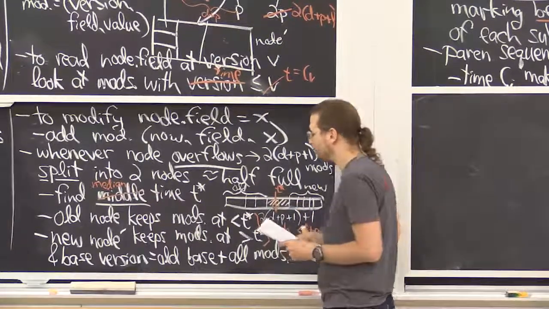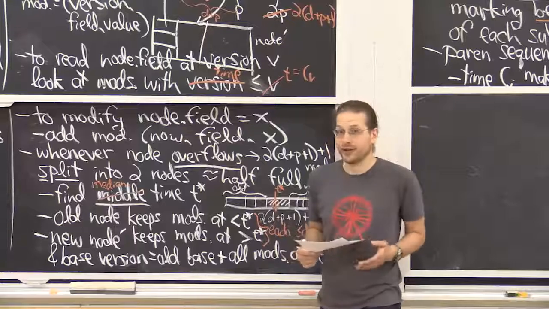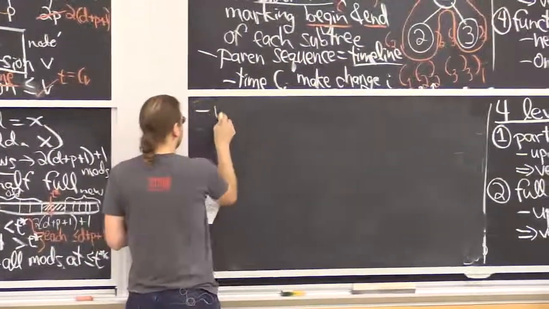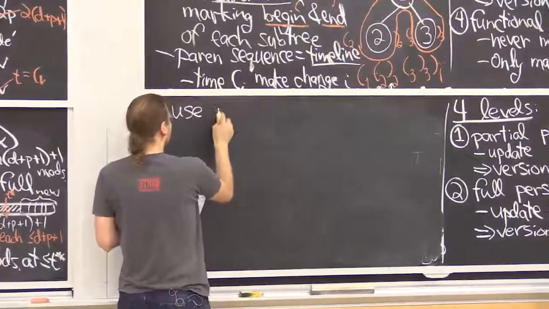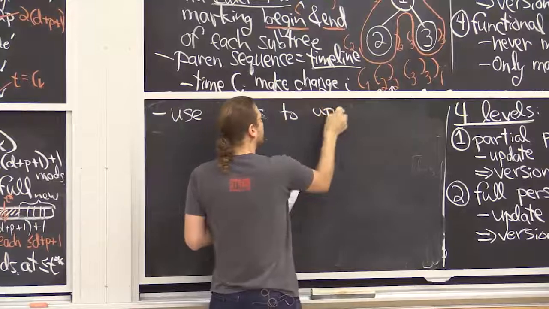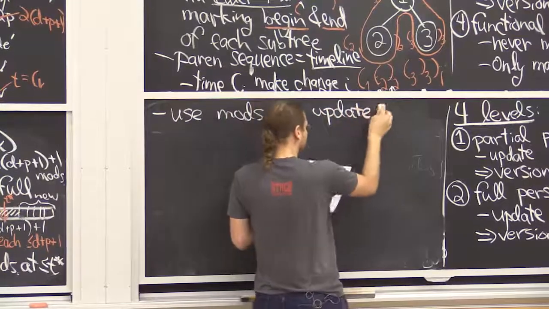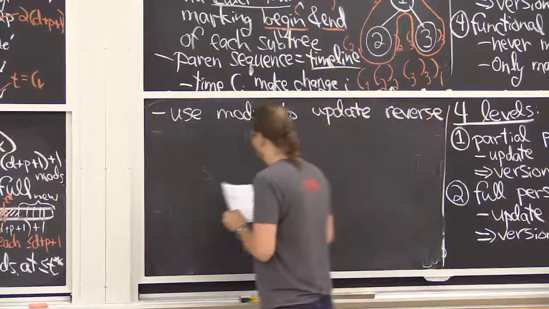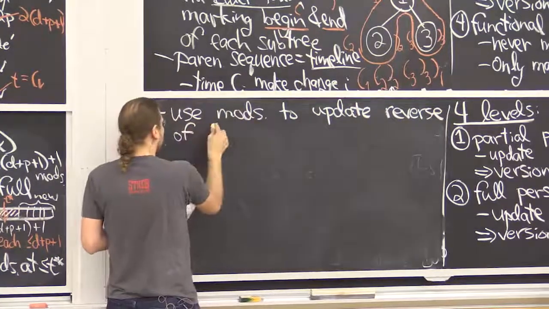Now, there are 2 kinds of pointers to that node. This is a little bit subtle, but it's very important to get the analysis right. In general, I'm going to call them the reverse of a pointer.